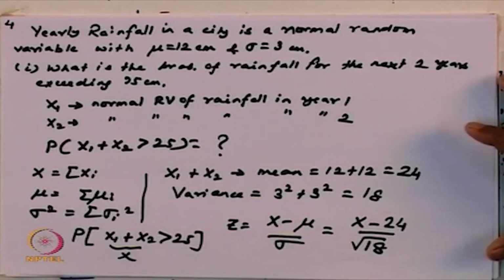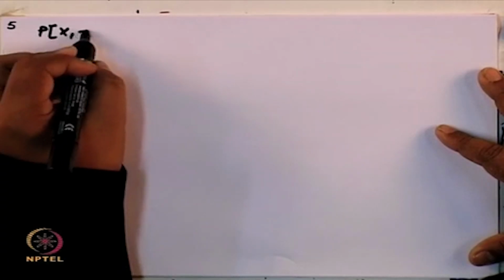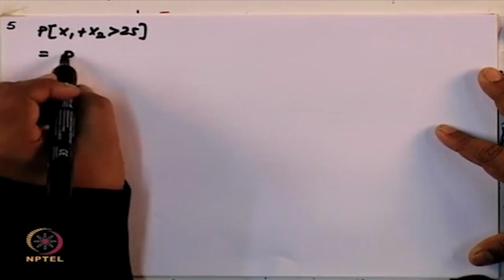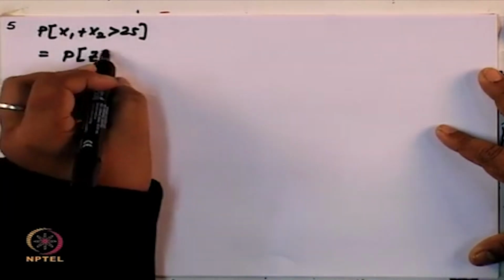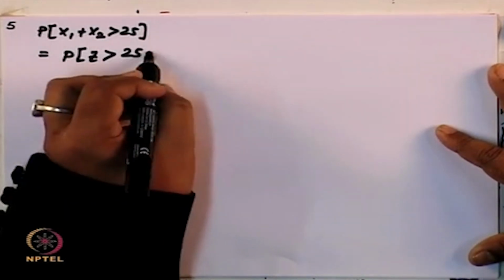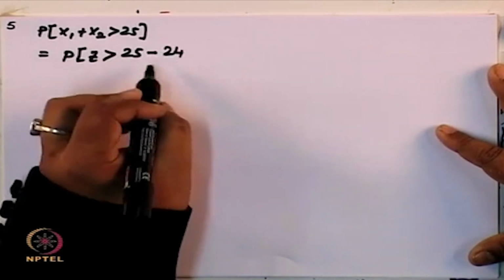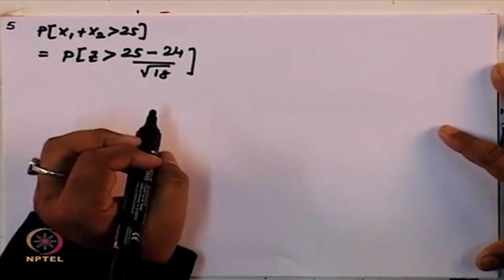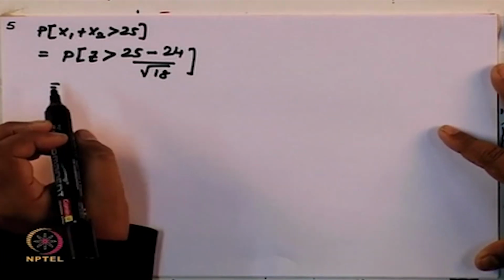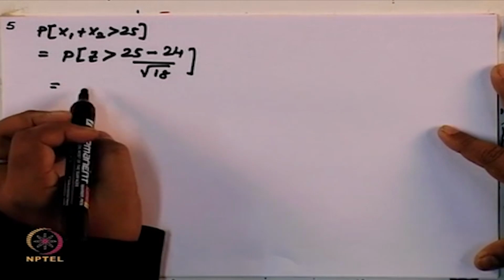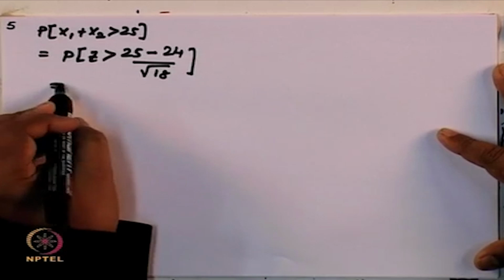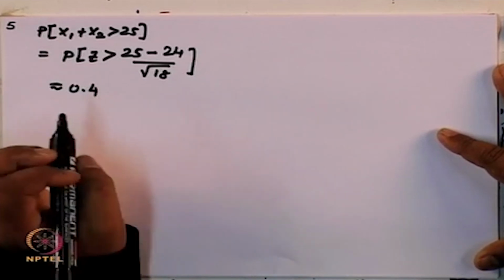So the probability of x1 plus x2 greater than 25 is nothing but the probability of z greater than 25 minus 24 by root of 18. Roughly, if you look up the normal distribution tables, you will see this probability come out to be 0.4.